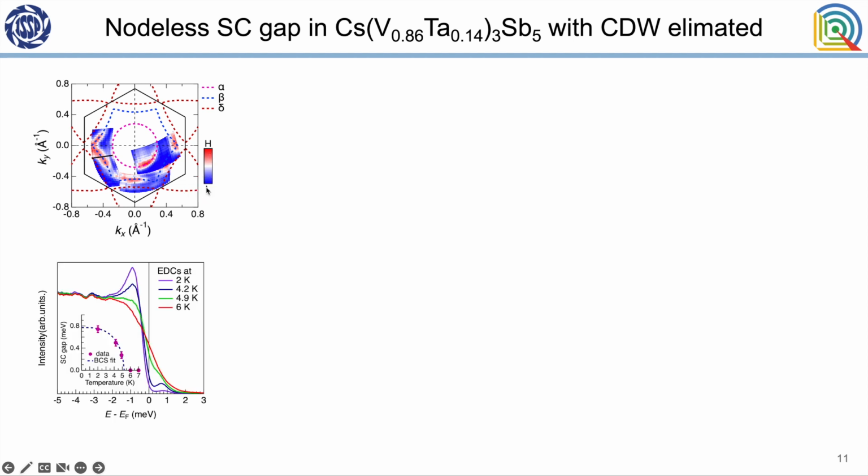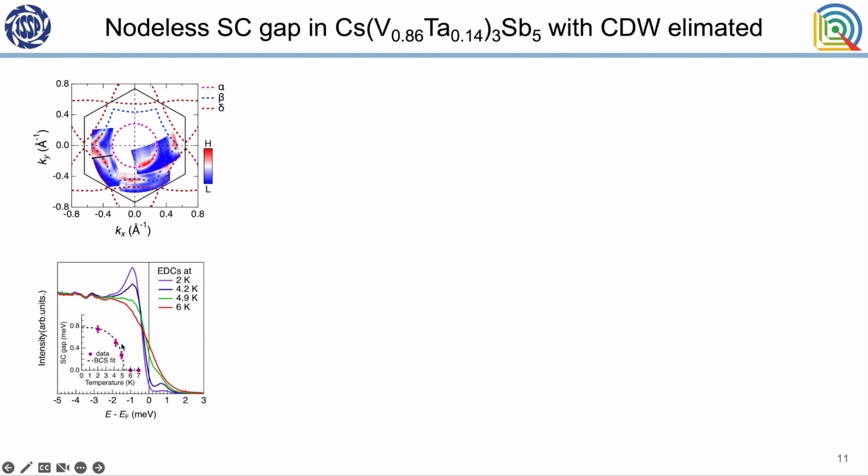We first measured the temperature-dependent EDCs, energy distribution curves, at a specific momentum, as shown in this figure. It shows the superconducting gap is gradually closed with increasing temperature. We extracted the fitted gap size and plotted it as a function of temperature.